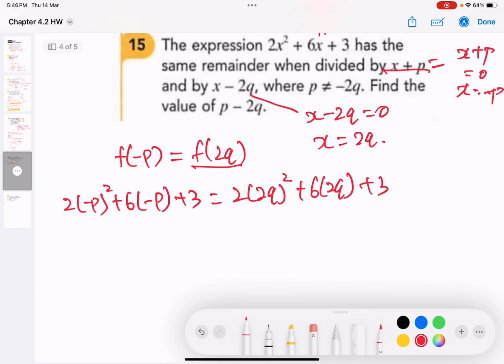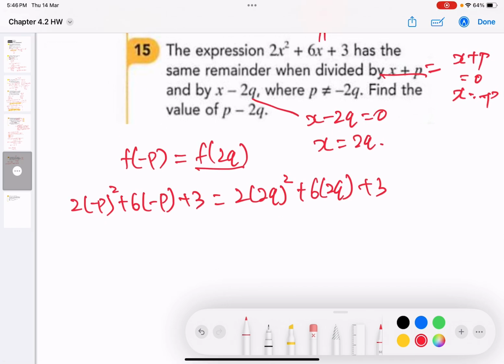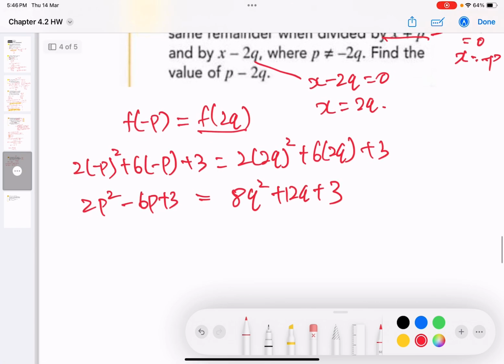Let's simplify this whole thing out. 2p squared minus 6p plus 3 is equal to 8q squared plus 12q plus 3. Let's simplify some more. 2p squared minus 6p is equal to 8q squared plus 12q.